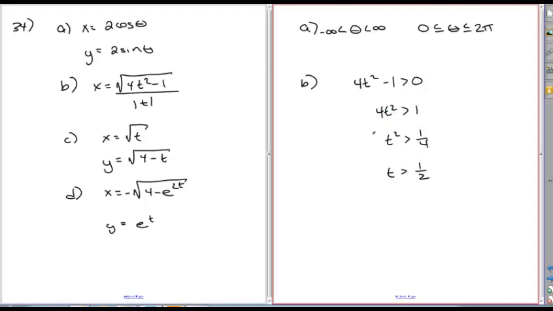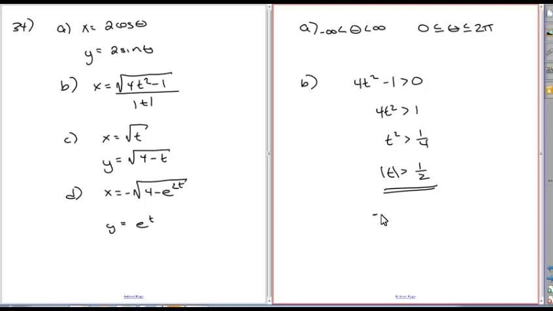Make sure to do that right. You can see what happens if t is less than 1/2: this number becomes small enough that this becomes a negative expression. The absolute value can take on any value; t can be any value, it just becomes positive. So that's the requirement here. The absolute value of t is greater than 1/2.